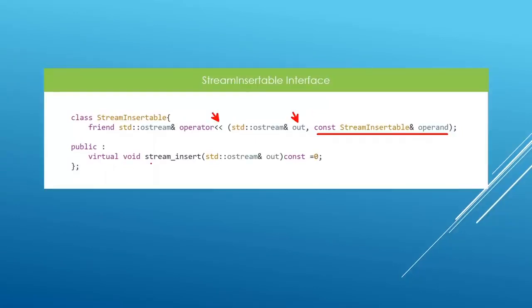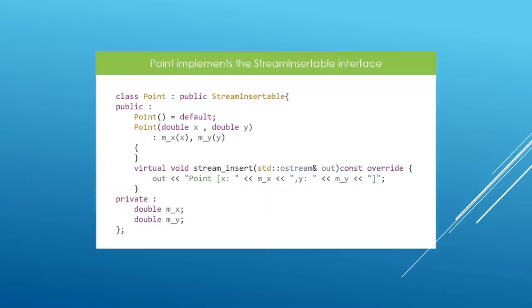Let's look at our point class again and really put the puzzle together here and understand how this works. Okay, this is our point class, and it is going to be inheriting from our interface, and it is going to implement our virtual function here. We are going to set it up here, and we are going to mark it as an override because it is overriding a method that comes from our stream insertable interface here, and it is going to specify which data we print to the output stream and how the data is going to be printed out.